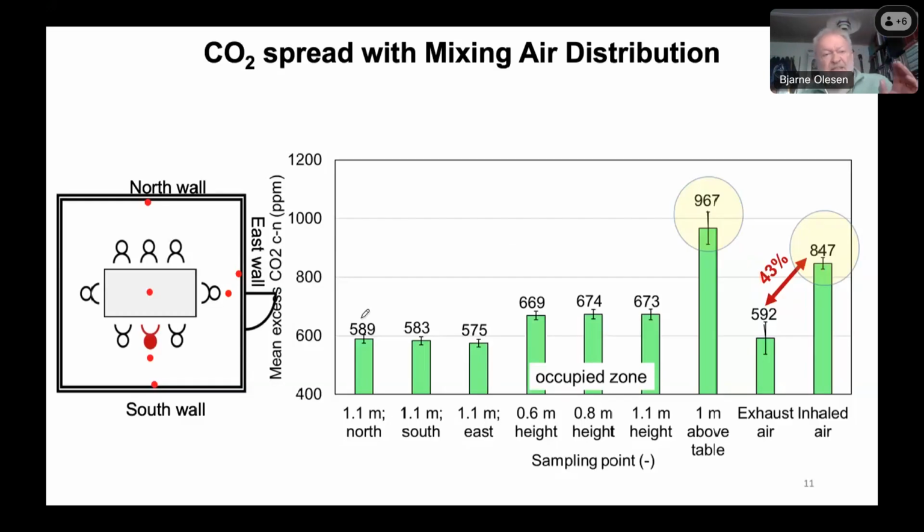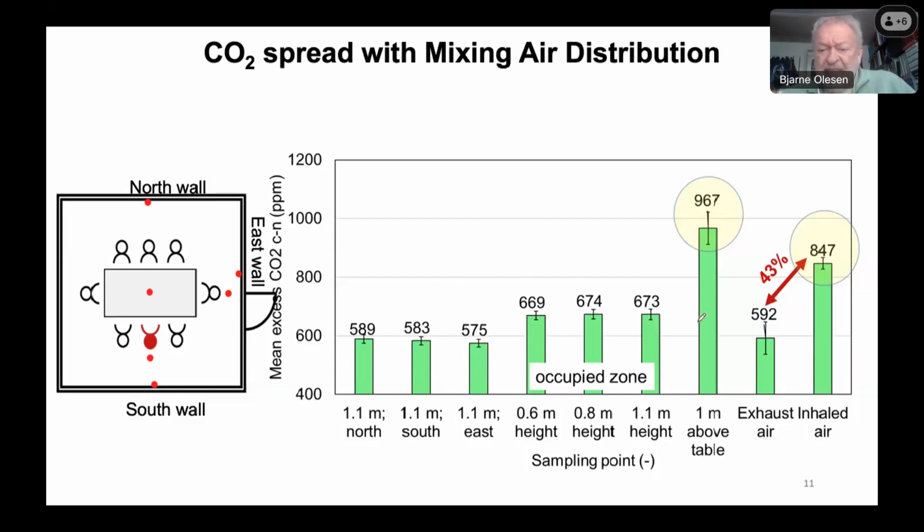But also the distribution may matter in the space. The question, where should you put your sensor, may have an influence on how well your control is. So here is a case, a laboratory, where we have different people sitting around the table.